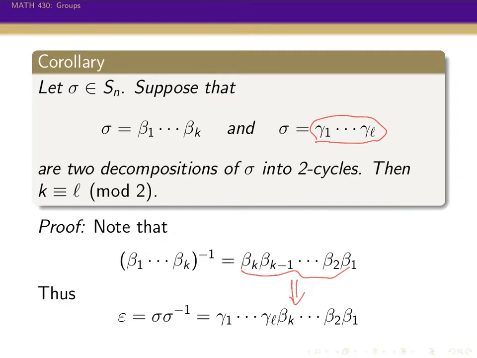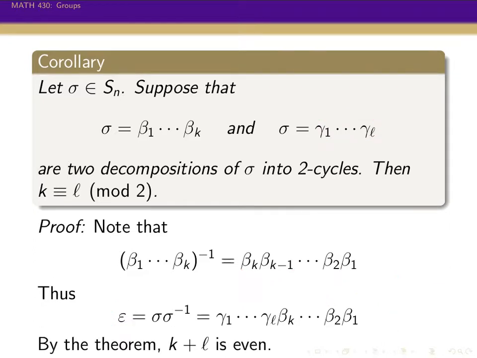And so in total, we have L 2 cycles plus K 2 cycles. So there are L plus K total 2 cycles, and it's equal to the identity. And so this means that L plus K has to be congruent to 0 mod 2. So by the theorem, K plus L has to be even.